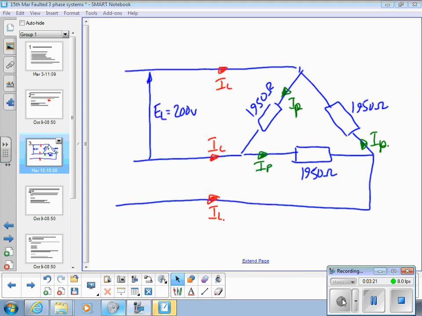If you're asked to sketch or draw the delta system in an exam question, then that's what I'm expecting to see. In some cases I may expect to see the three connections of the generator at the other end as well, depending on the overall flavour of the question.